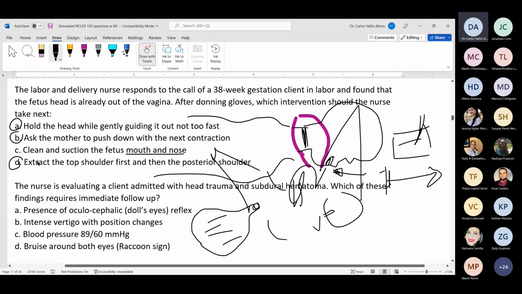What is not good is holding the head while gently guiding it out, not too fast, because an experienced nurse could produce interference. You do this before the next contraction. That's why it's first.